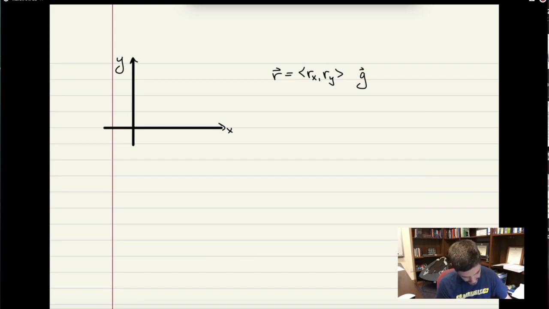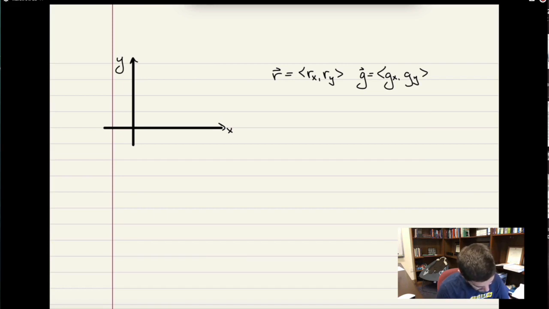And then I have some vector g, which has some x component and some y component. So two different vectors. Geometrically, we know how to add two vectors. I take one vector, I lay it down, then I take the next vector and I lay it point to tip, and then I trace from the starting point to the end point. So let's do that here on this axis and see what we get.